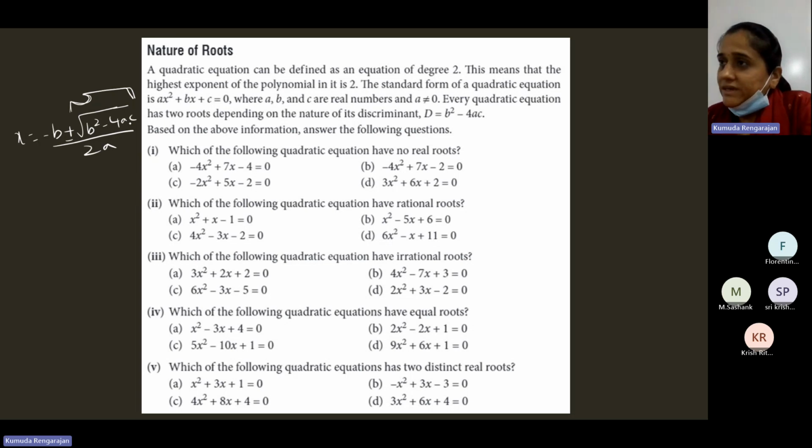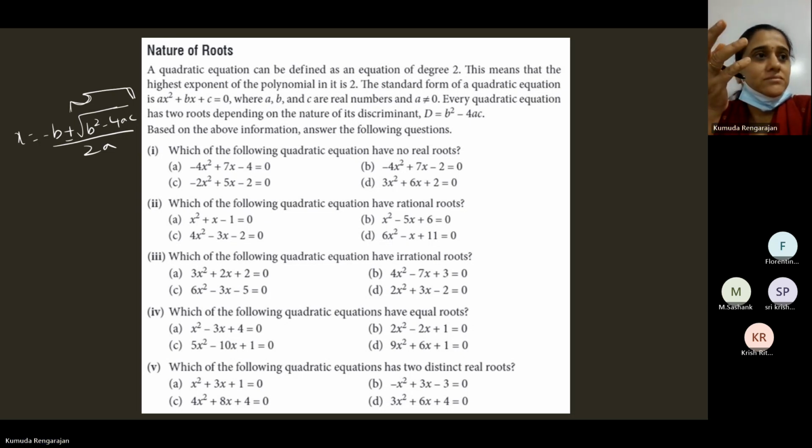So if d is a perfect square, like b square minus 4ac is 25, it will be plus or minus root 25, so plus or minus 5. Correct?